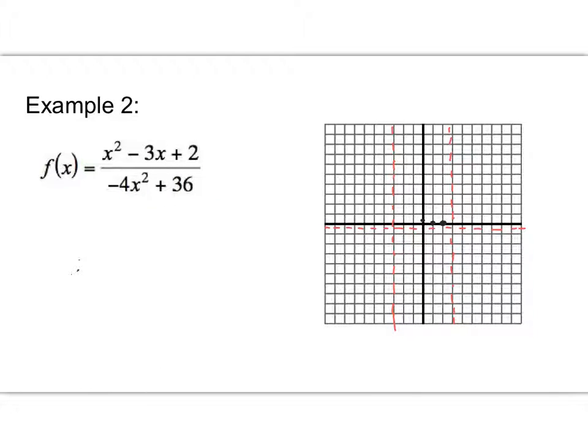Now I got to figure out where to plot my points. What you really need to check is points around your vertical asymptote, maybe a bigger point further out. So I need to look to the left of my first vertical asymptote, which is at -3, and I'm going to check -4. And I'm going to also check a value further out in my graph. So I'll go with -10 because I can still plot that.